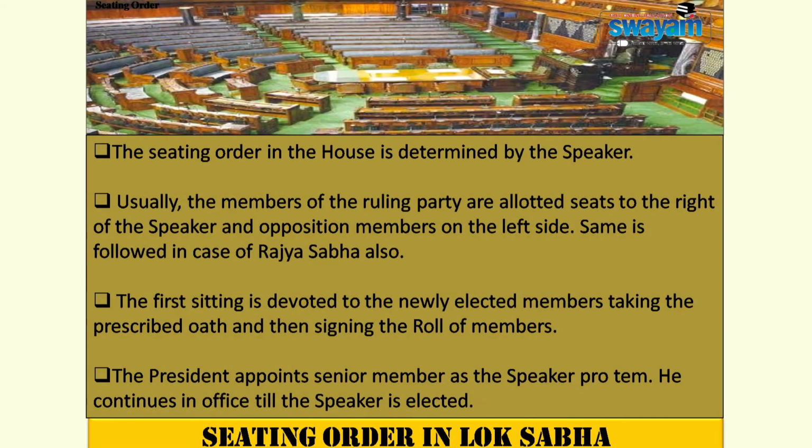Now, the sitting arrangement in Parliament. Sitting arrangement in Lok Sabha. The seating arrangement in Lok Sabha is determined by the Speaker. Usually, the members of the ruling party sit on the right side of the Speaker. The members of the opposition sit on the left side of the Speaker.